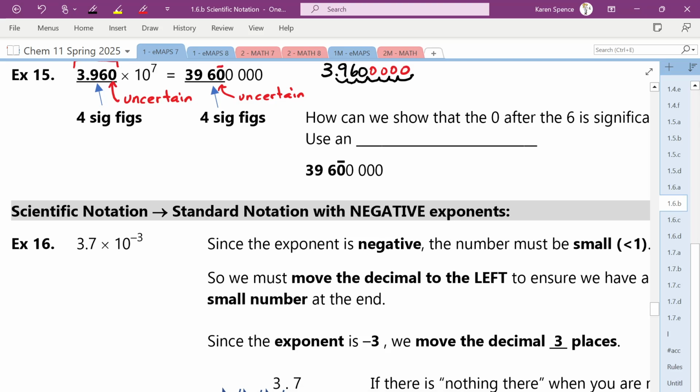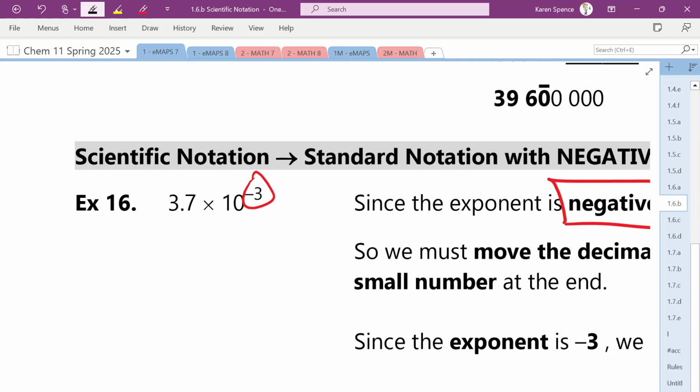Okay. Scientific notation to standard notation with negative exponents. So we now have a negative exponent. If the exponent is negative, the number must be small. So in other words, less than 1. So we need to take 3.7 and make it small. Which way will we be moving our decimal? Left.